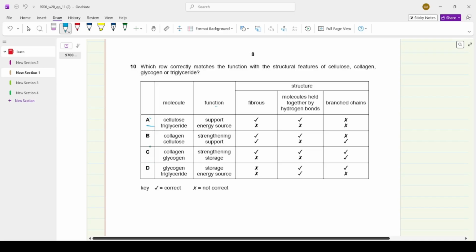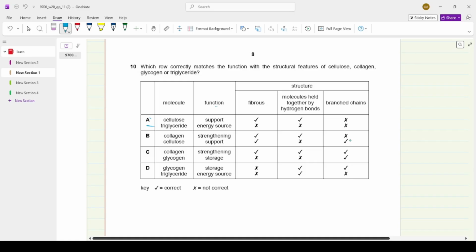Maybe we can check the other options quickly. For part B, collagen strengthening, that is true. Fibrous, true. Molecules held by hydrogen bonds, yes. Branched chains, no. Then for cellulose support, being fibrous, okay.